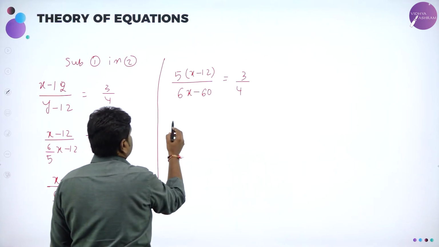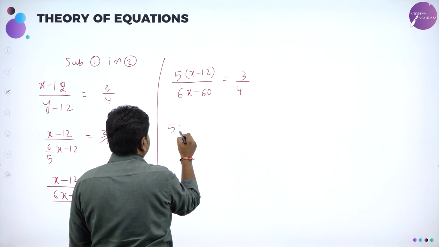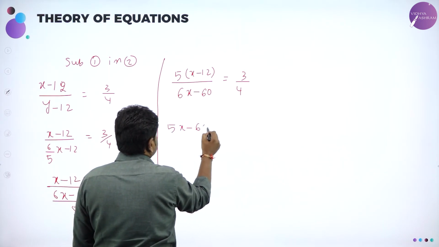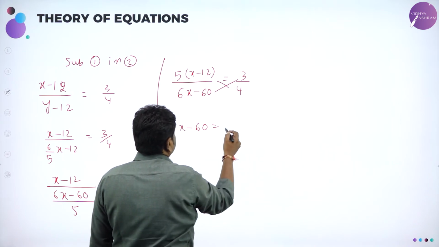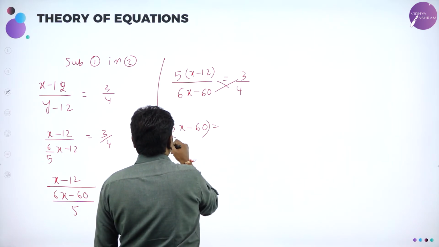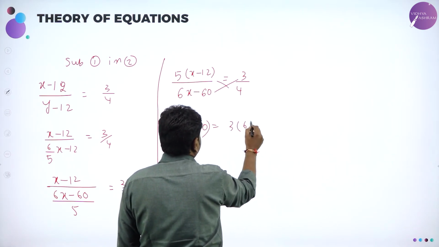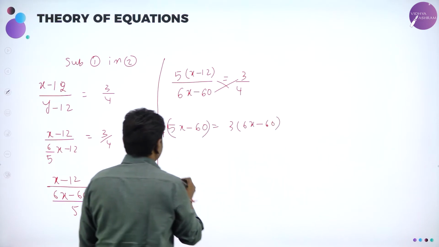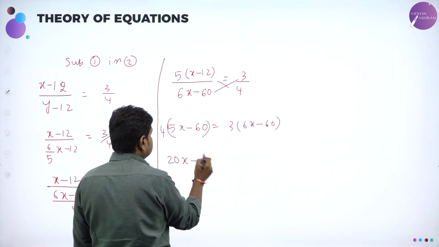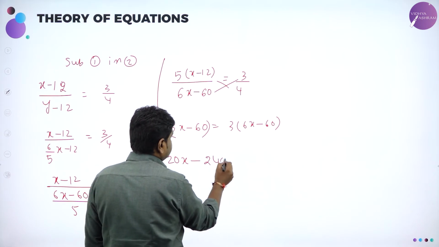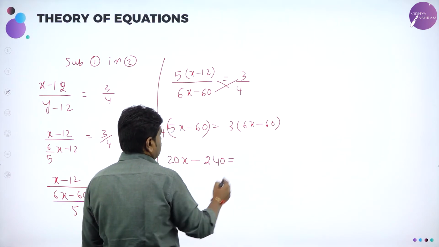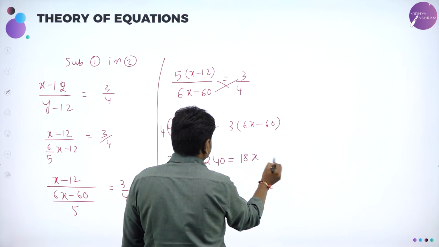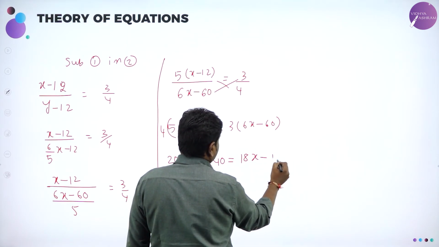Further, you can cross multiply. 5 times x minus 12 is equal to, if you cross multiply, into 4 this side numerator, and 3 into 6x minus 60. 4 5s are 20x minus 240, and 3 6s are 18x minus 180.